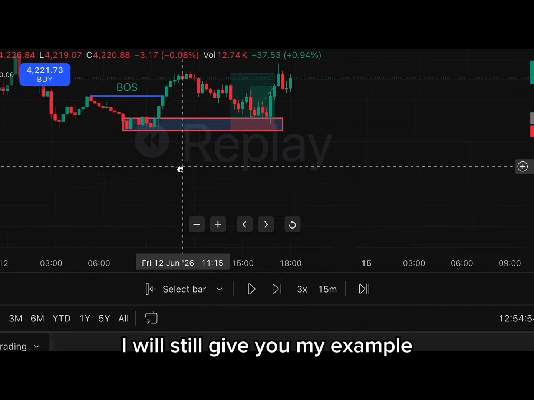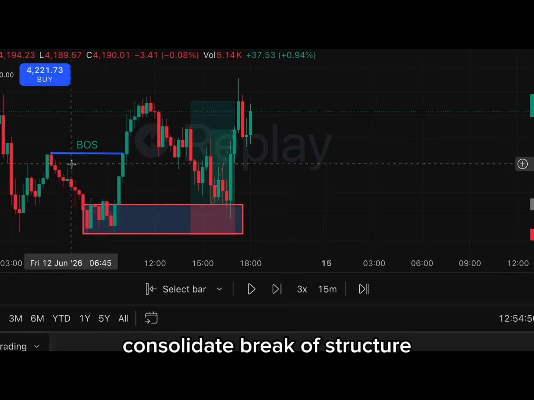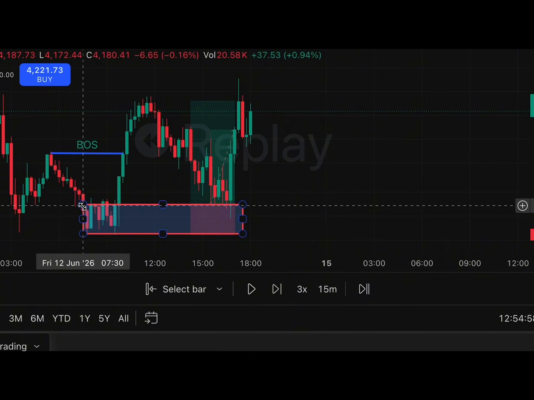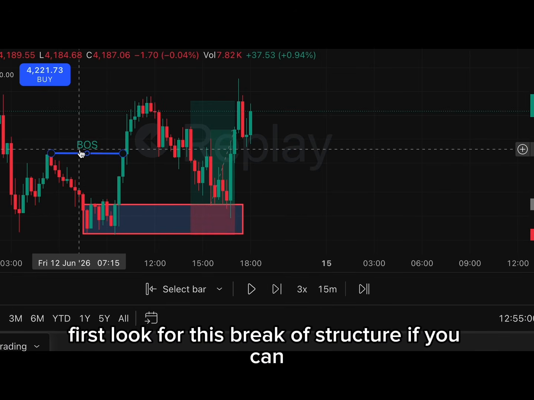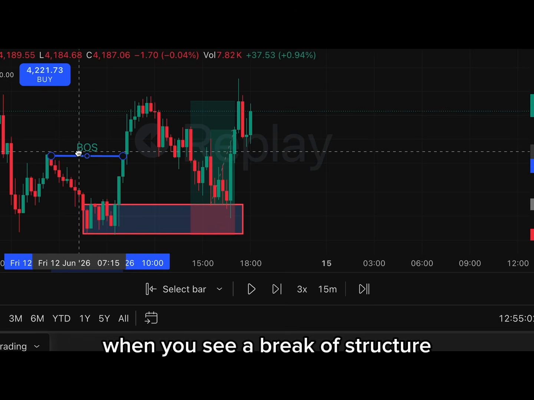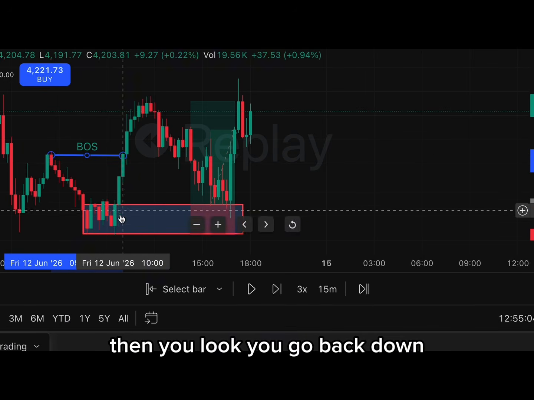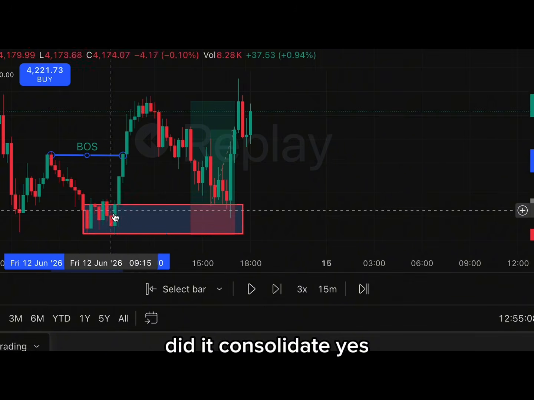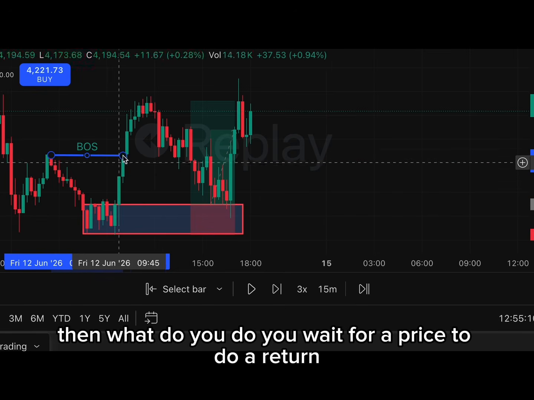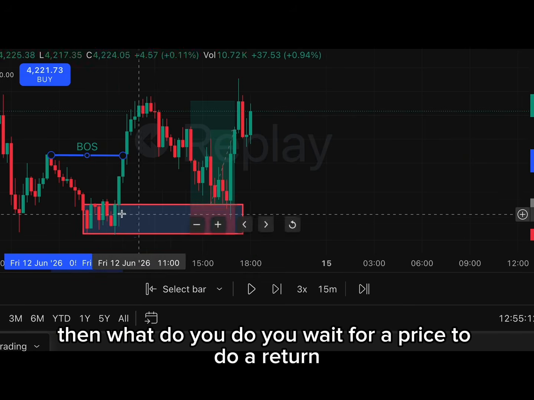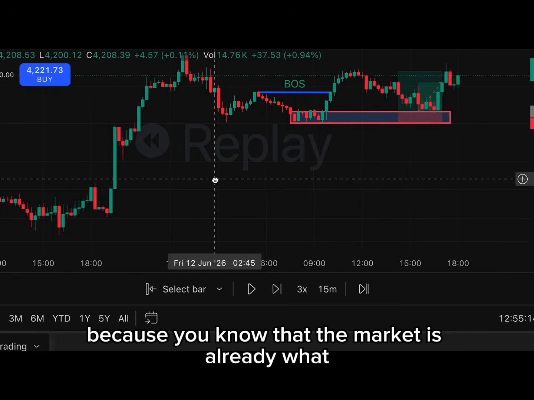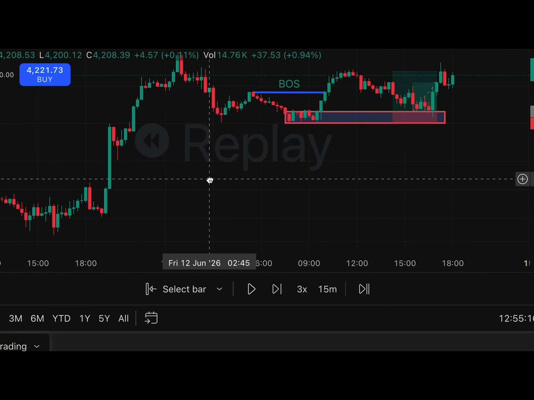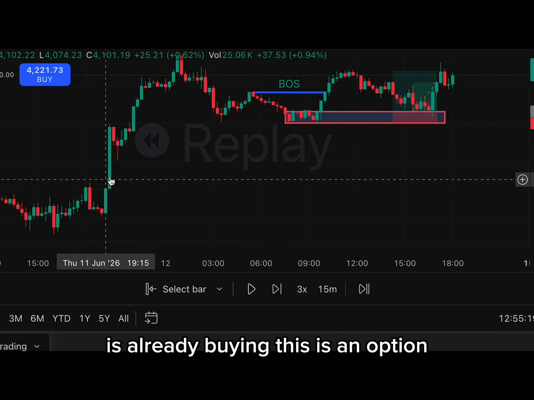What did we do before? I'll still give you my example. Consolidate, break of structure. First, look for this break of structure. When you see a break of structure, then you go back down. Did the market slow down here? Did it consolidate? Yes, it did. Then you wait for price to return, because you know that the market is already buying.